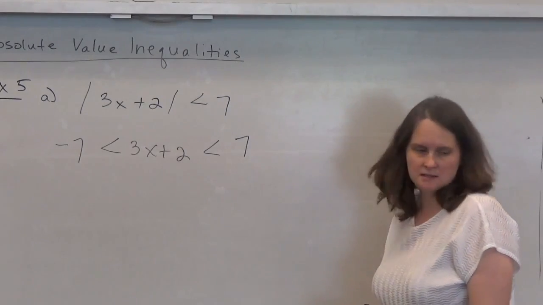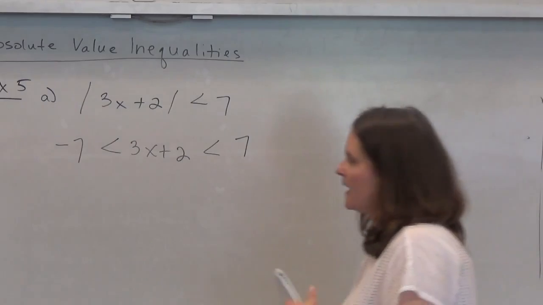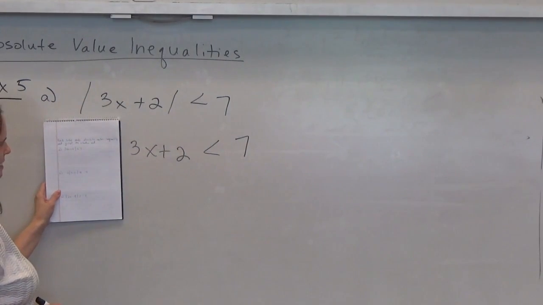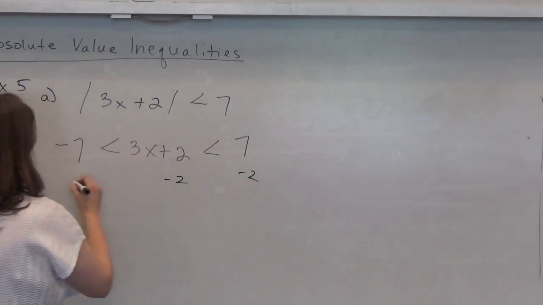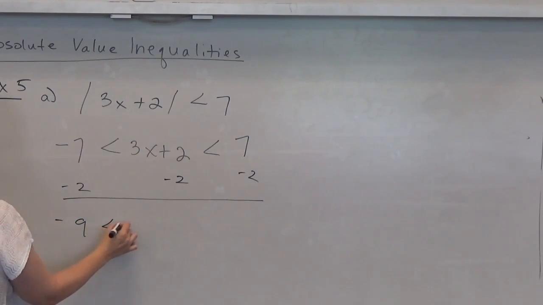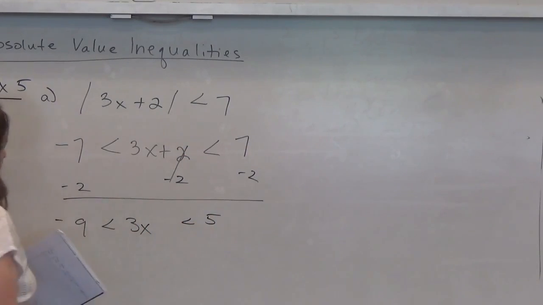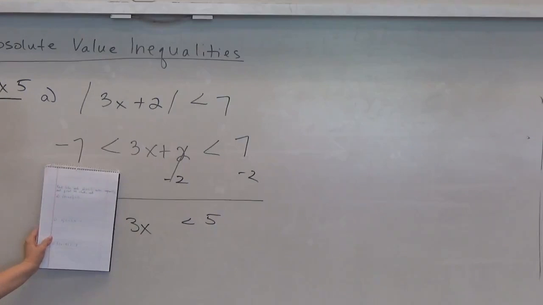So just like with any sandwich inequality, you're going to want to get your x by itself in the middle. So you can see that you want to start by subtracting 2 on all 3 sides. I get negative 9, less than 3x, less than 5. All right, and again, if you look at it, you can see you're going to divide everything by 3.